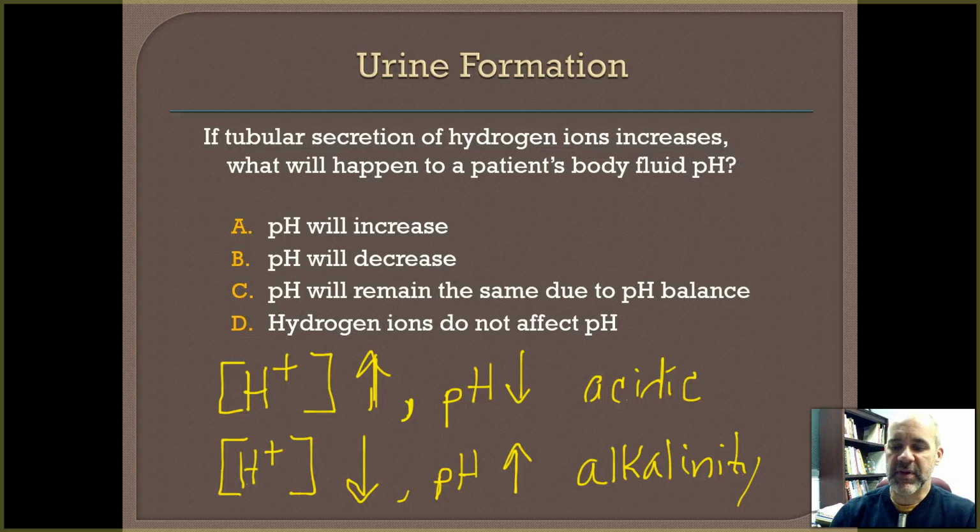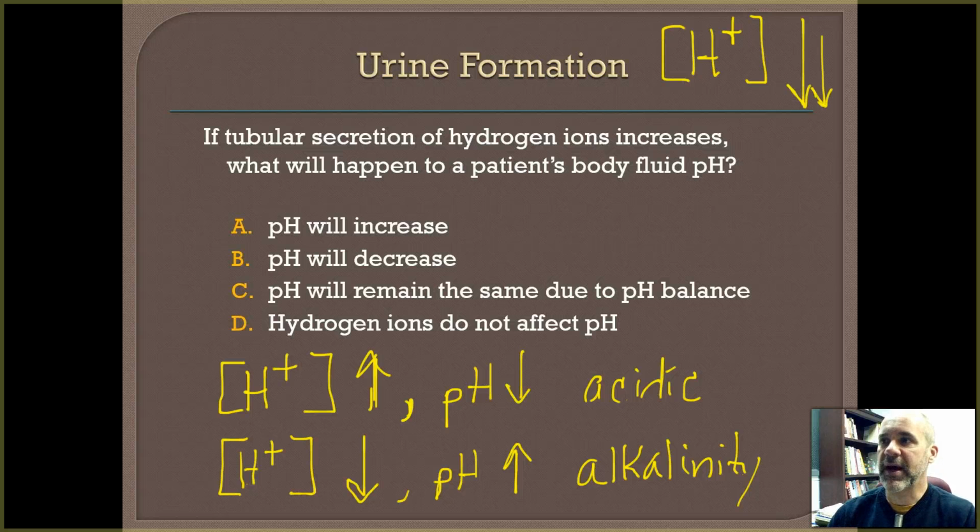So what's going to happen to the hydrogen ion concentration in the patient's body fluids? If you're peeing out more hydrogen ions, the concentration of those hydrogen ions in the patient's body fluid will go down. So what's that going to do to the pH? Low hydrogen ion concentration means we have an increase in pH.